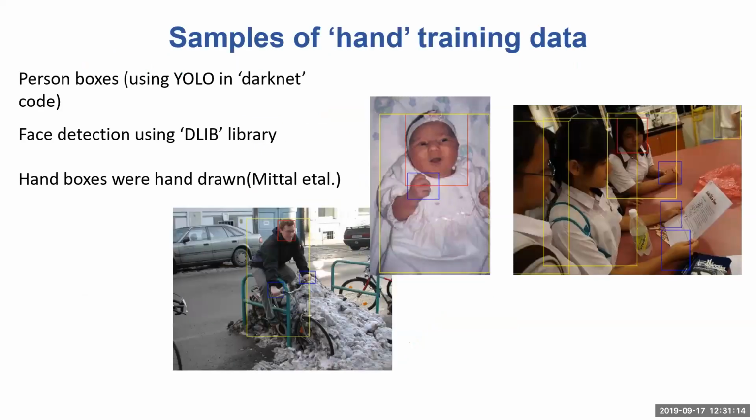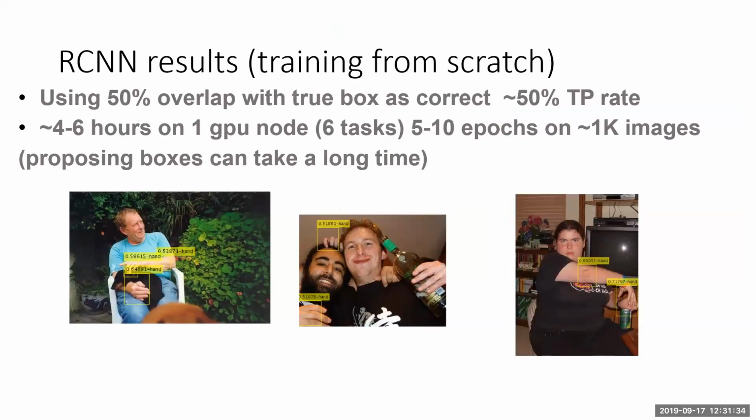There was a data set that came from somebody a few years ago, before they were doing convolution networks. So I tried to gather up information. Not only did they have the hands, but I also ran a face detector and a person detector. I said, well, I have persons in a box, the face and the hand, so maybe I could use that together. I trained one of these regional convolution networks, and you can see on this data set it does okay.